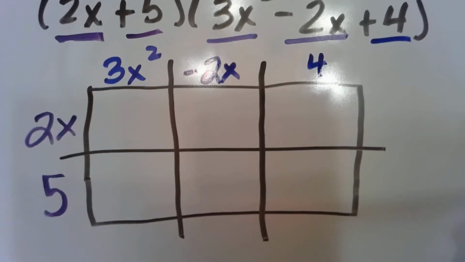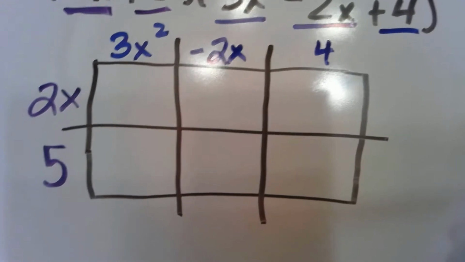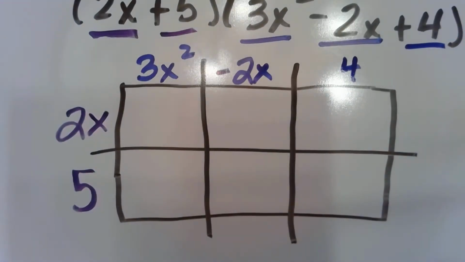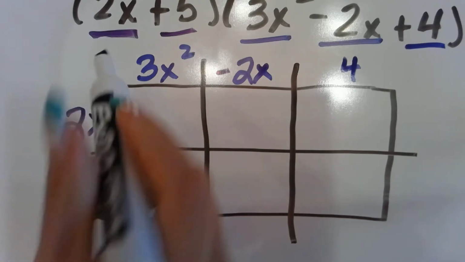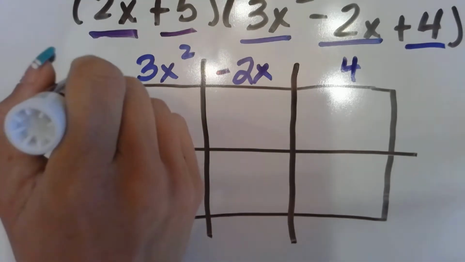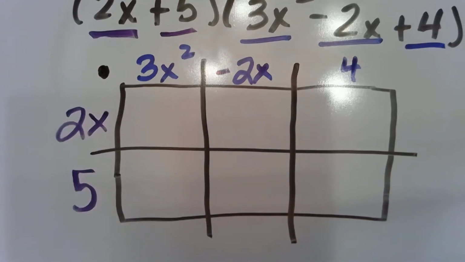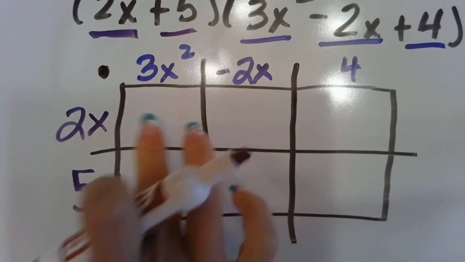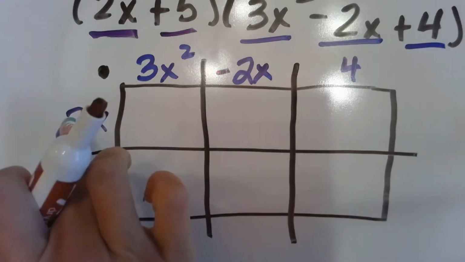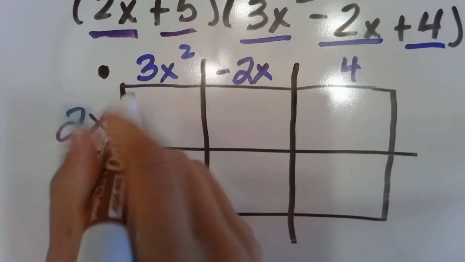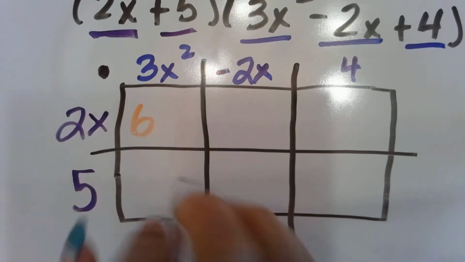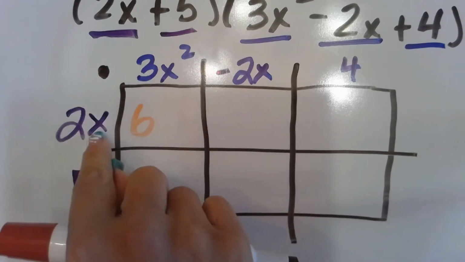All right. Now, we're going to go ahead and multiply. Sometimes I like to even put my little dot for multiplication right here so I remember what I'm doing. So let's start multiplying. For this box here, we say 3 times 2, and 3 times 2 is 6. X squared times x.